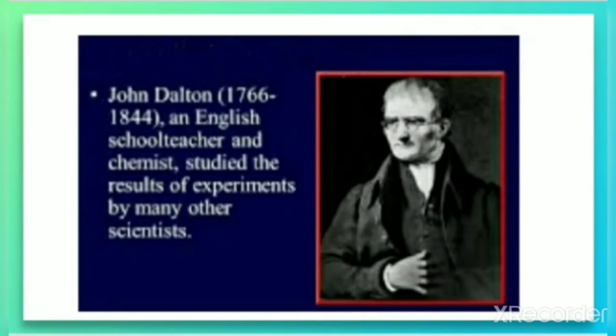He took the name atom for the smallest particles, and he gave a theory based on the laws of chemical combination. That theory is called Dalton's atomic theory, given by John Dalton.